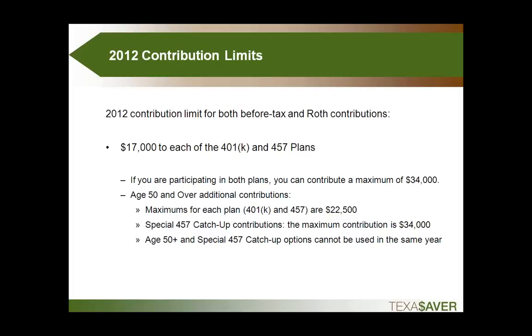You may be able to make additional contributions if you're age 50 or better, or within the last 3 years of your normal retirement age using the special 457 catch-up election. So you could actually put away quite a bit of money in a short period of time, particularly if you had a large sum of annual leave.